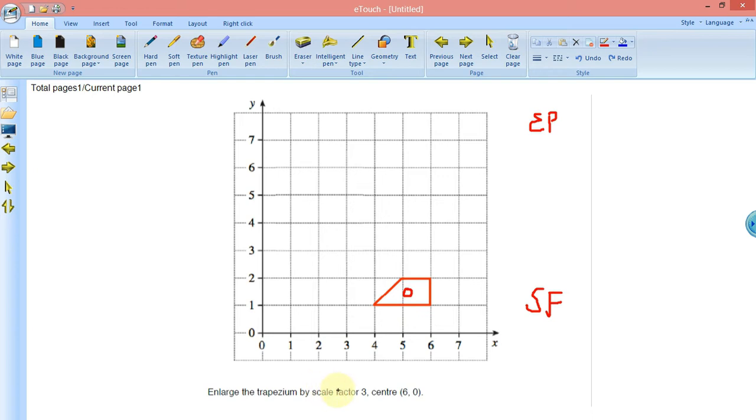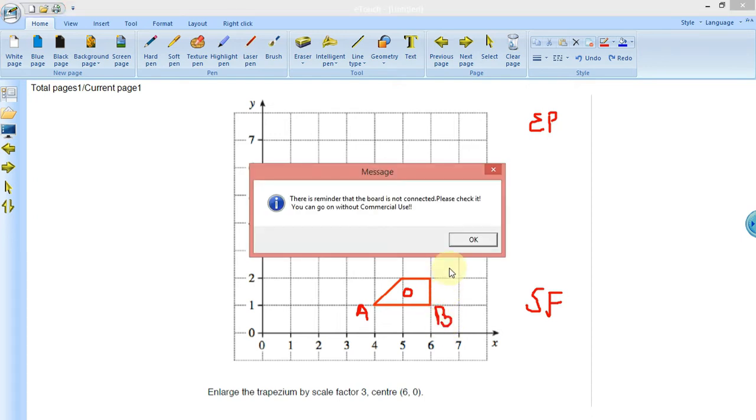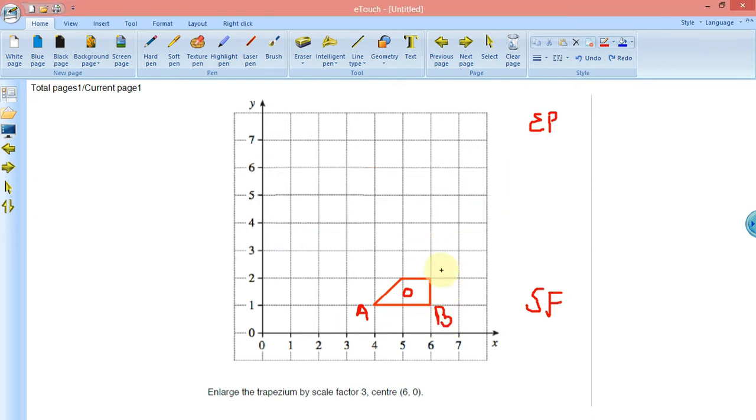The first thing is I need to get these coordinates, but the problem is the scale. I label this point A, B, C, and this D. So we have 4 different coordinates for the trapezium.